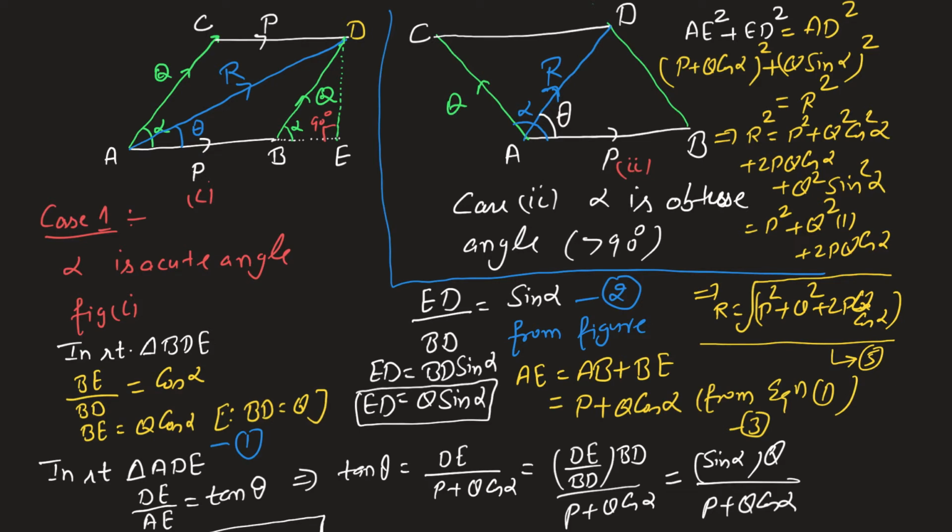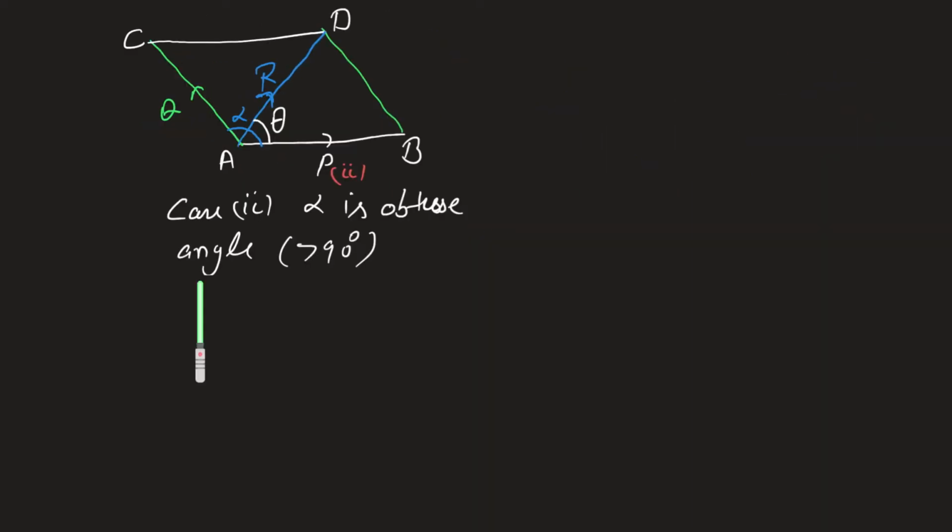So thus we have determined the direction and magnitude of the resultant in case number 1 when alpha is an acute angle. Now we will be studying case number 2 when alpha is an obtuse angle, meaning greater than 90 degree. So we will be studying this case also.